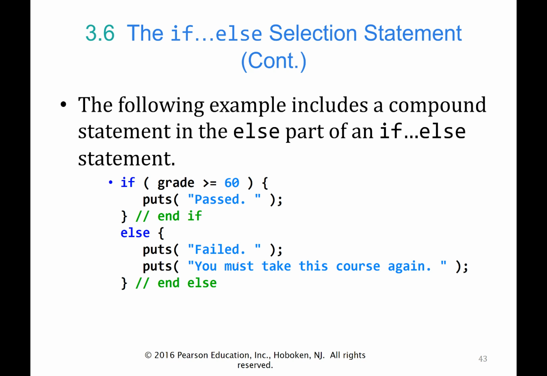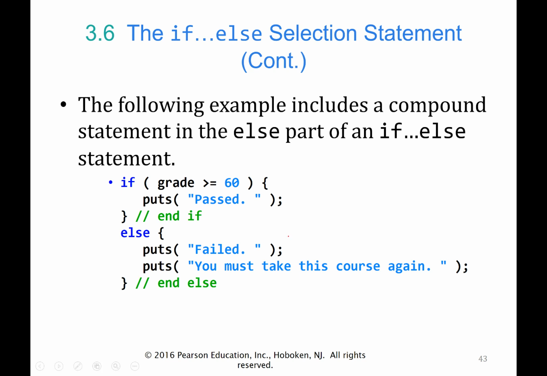Also notice that he does put some comments in here, end if and else. I don't always do that, but sometimes they really make troubleshooting a program easier because you know where these braces belong. One of the biggest problems that young programmers have, and older programmers too, we get forgetful, is what ending brace goes with what beginning brace.